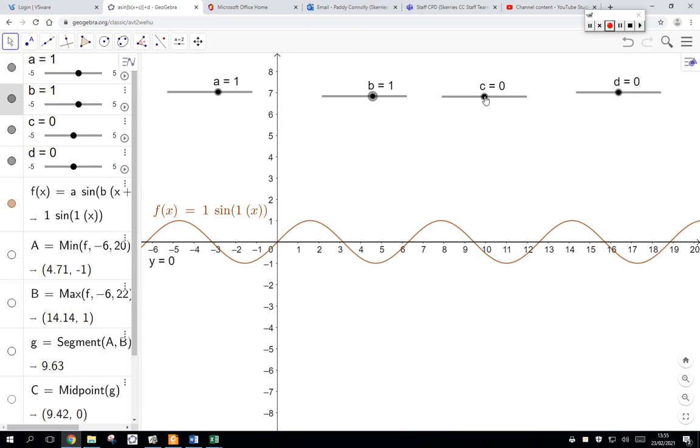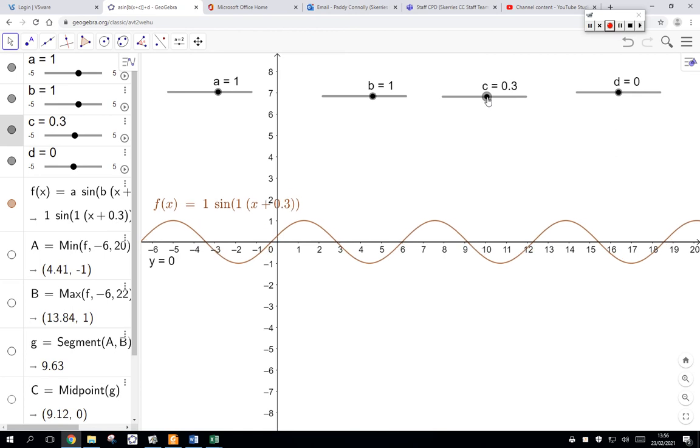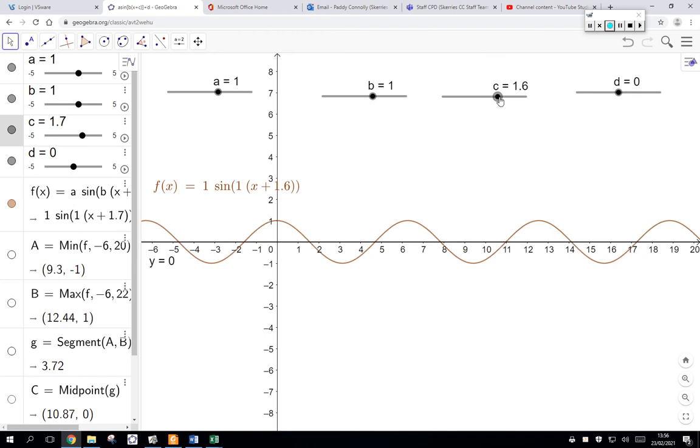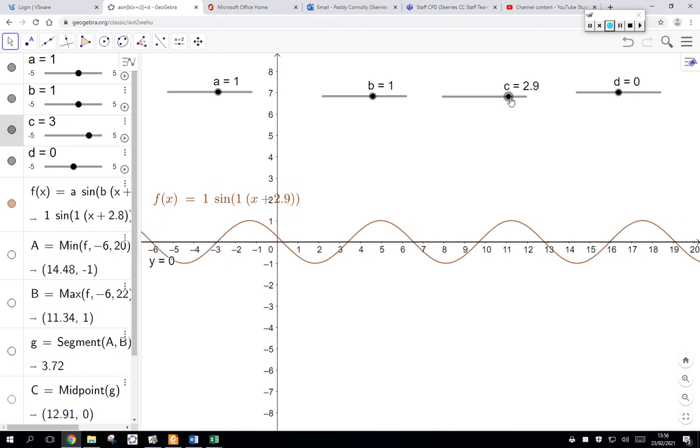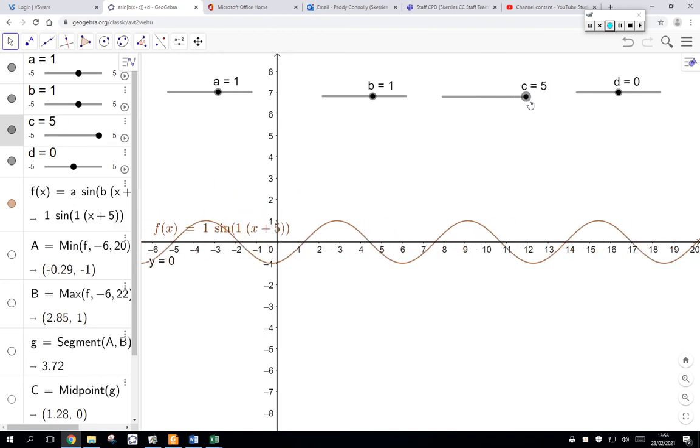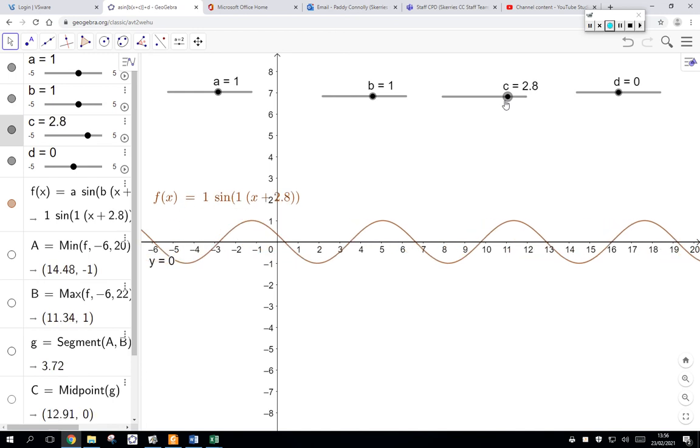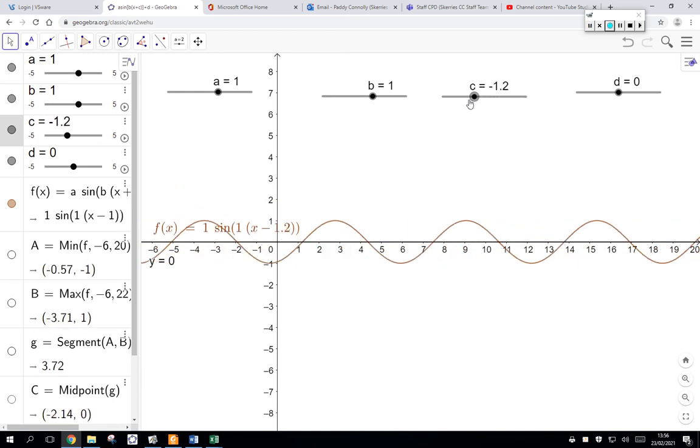As I move c around, which is the number that's added inside the argument, it moves the function. As it gets bigger, you can see it moving to the left. As it gets smaller, moving off to the right. So that moves the function left and right.